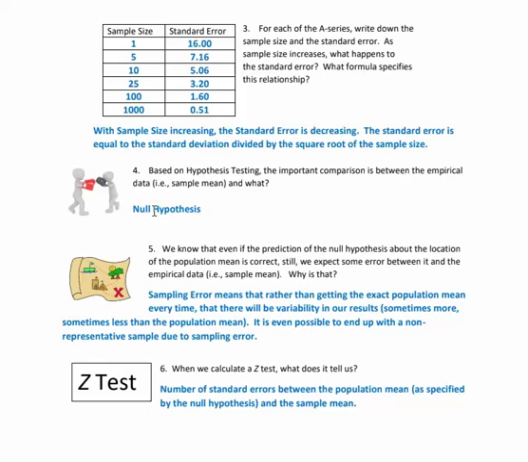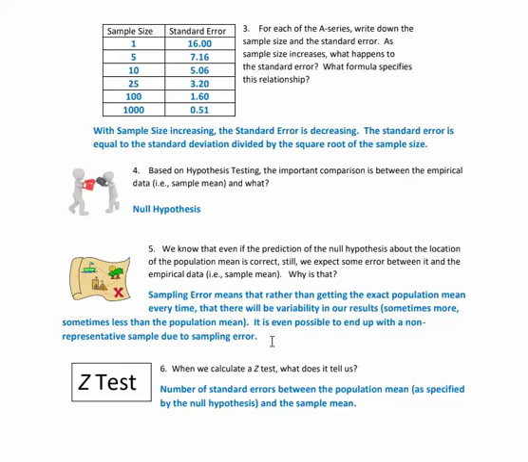Number 5, we know that even if the prediction of the null hypothesis about the location of the population mean is correct, still, we expect some error between it and the empirical data. Why is that? Sampling error means that rather than getting the exact population mean every time, there will be variability in our results. Sometimes more, sometimes less than the population mean.